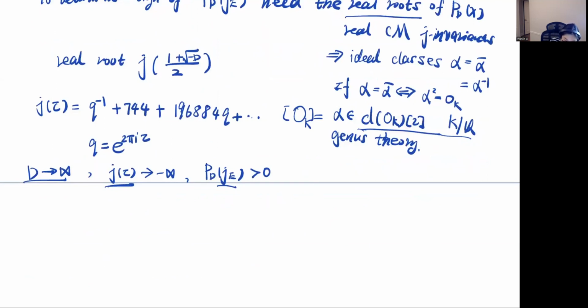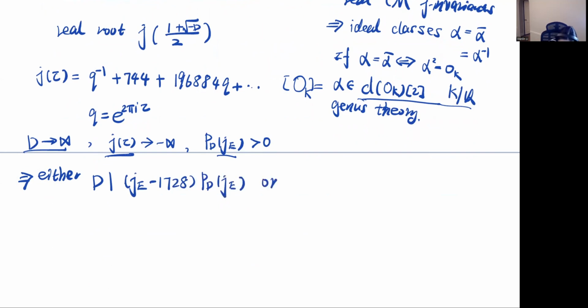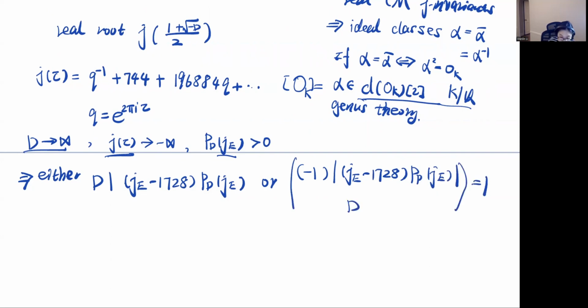Great. Now we're almost done. This implies that either D divides this product, or the Legendre symbol of minus the absolute value of this product over D is 1.